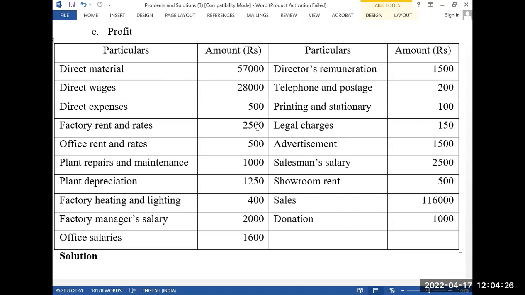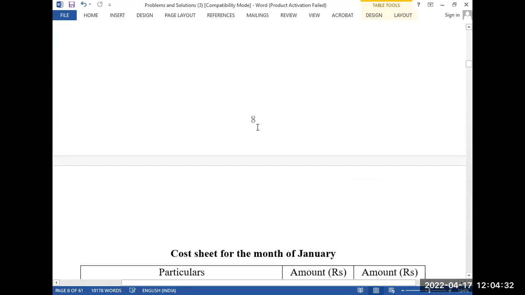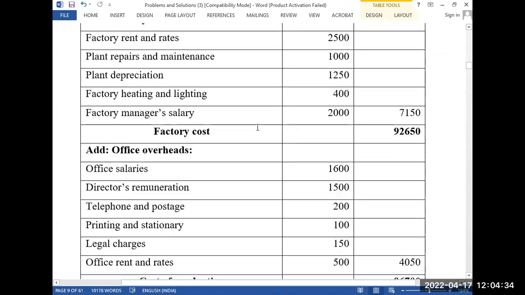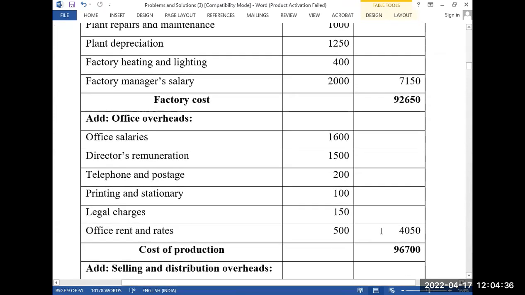So total of office overhead is 4,050. If that is the case, cost of production should be 96,700.